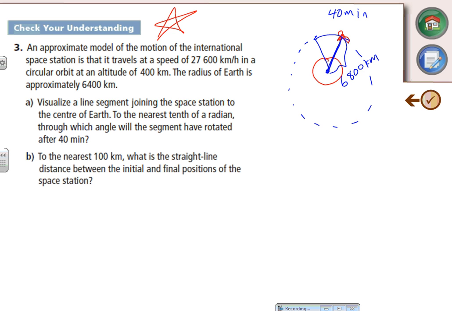And it's traveling at kilometers per hour, and we're given minutes. We've got to get those in the same units. So it's easier just to convert 40 minutes into hours. 40 minutes, well, that's 20, 40, 60. Oh, that's 2/3 of an hour. I'll use a fraction, but if you wanted, you could convert it into decimal hours. I'll just use the fraction.